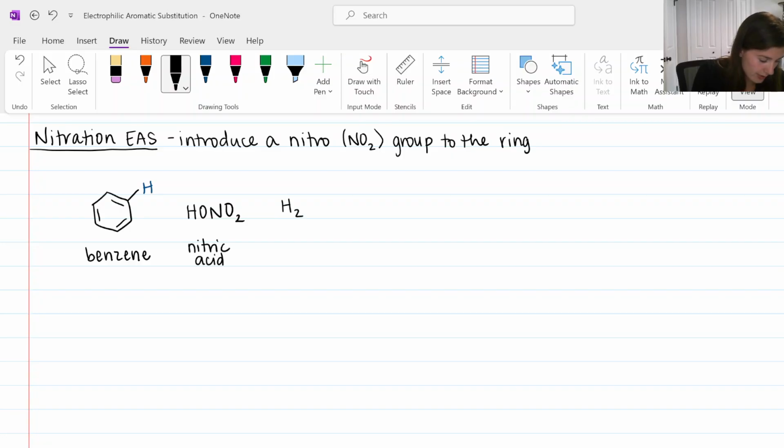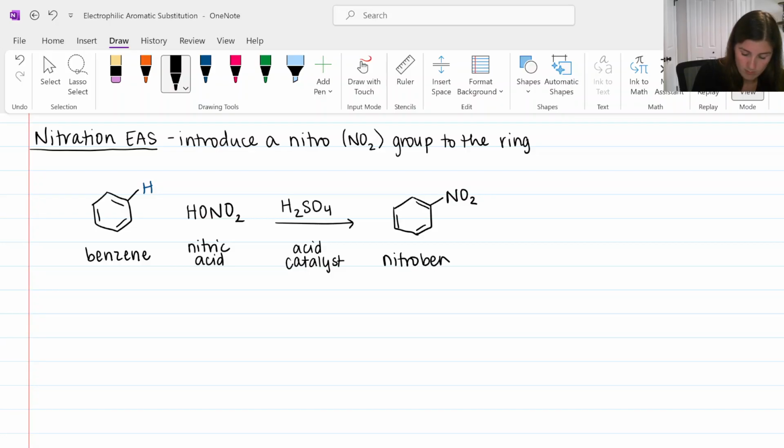So here I have sulfuric acid, H2SO4. And then this will generate nitrobenzene, where one of the hydrogens on the benzene ring is replaced by a nitro group, NO2. And then a byproduct is water.